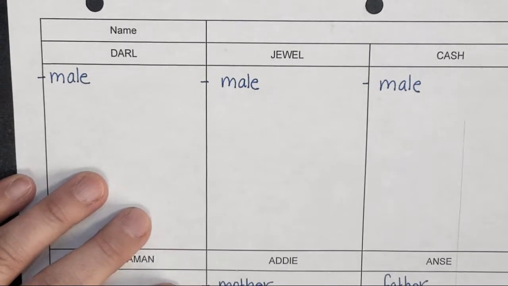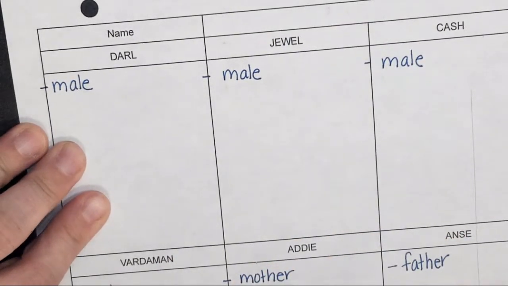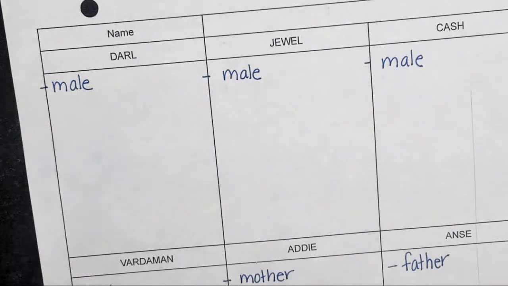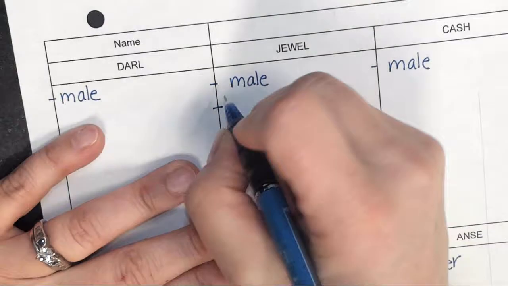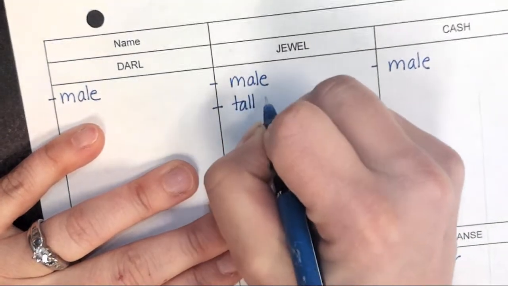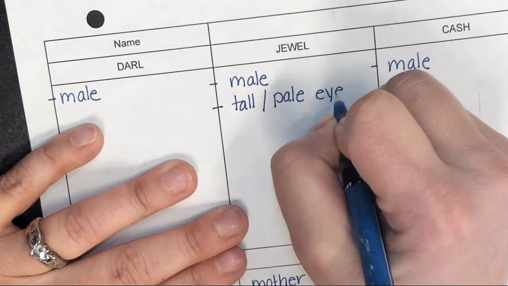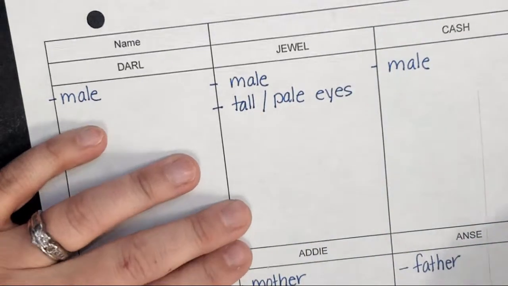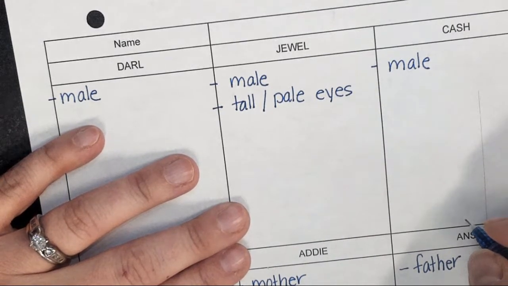Now we're going to go back to our character sheet right here. All right, so we see Darl opening the narration. We don't learn a lot about him because he is the one narrating this chapter. All right, we know that Jewel is what? Tall, and he has pale eyes. And instead of walking around the cotton house, he goes through it. So he is a little bit, what's a good word to describe that, maybe?